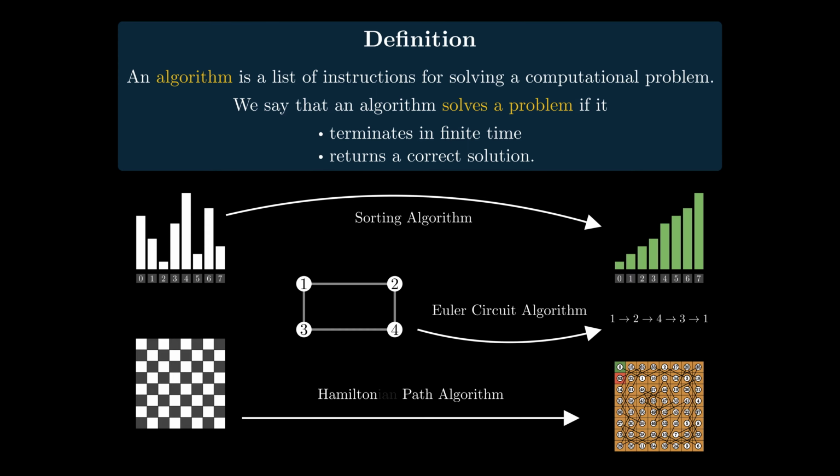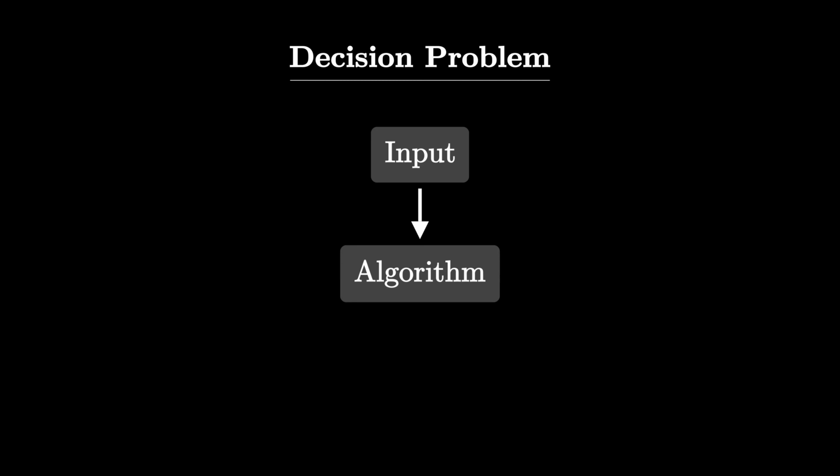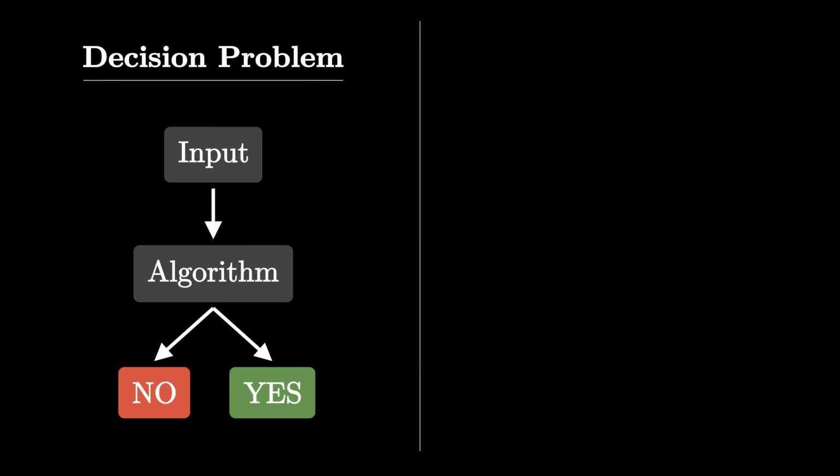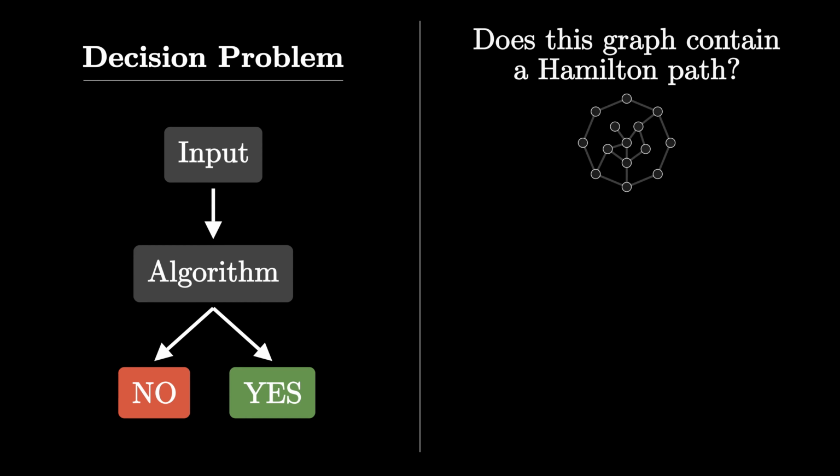Very important in mathematics are so-called decision problems. These are problems where a specific question regarding a computational problem serves as input for a specific decision algorithm that provides an answer that is either yes or no. As an example, one can consider the decision version of the Hamilton path problem, which consists of the question whether a graph contains a Hamilton path.